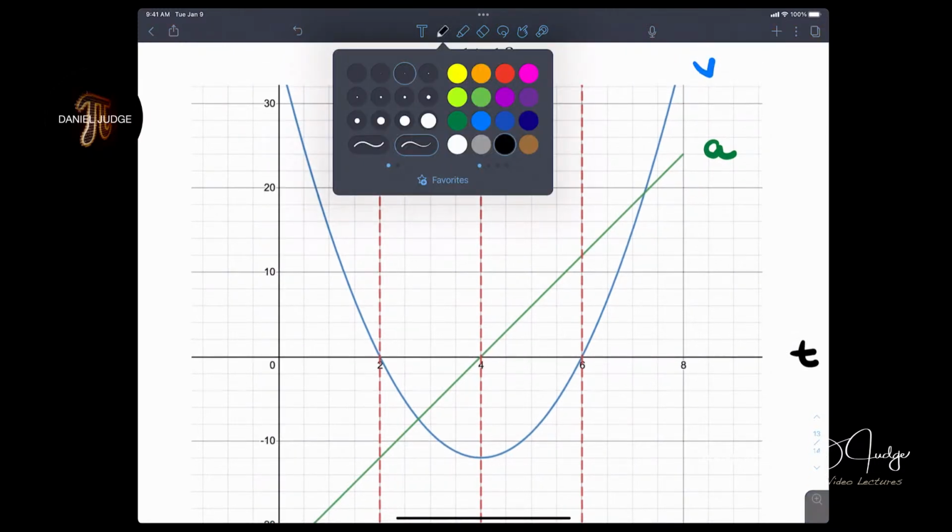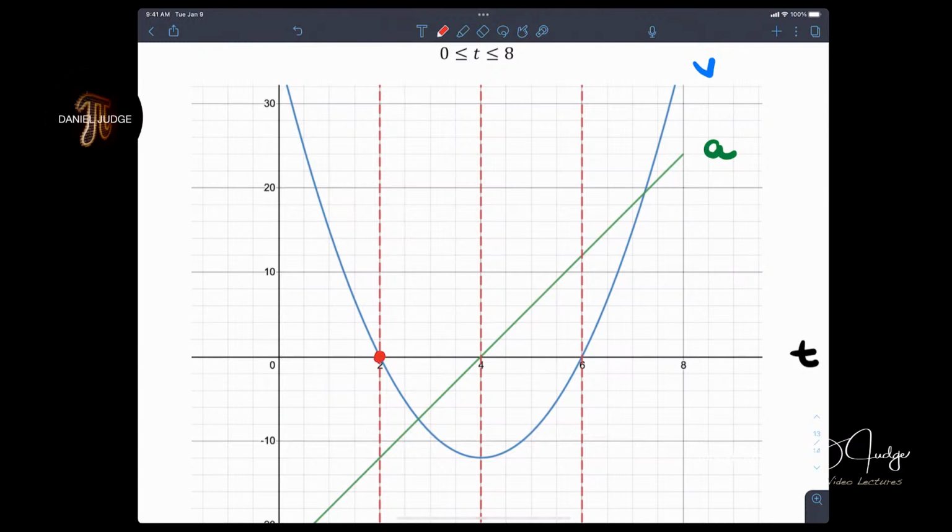Now, I want you guys to notice something here again. This is the zeros for your velocity. This is the zero for the acceleration. Okay?